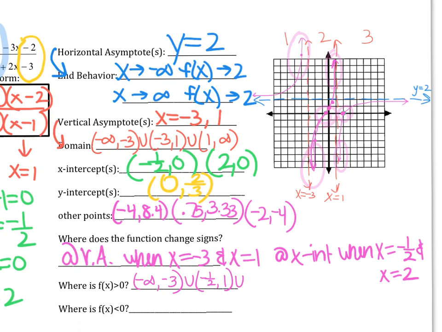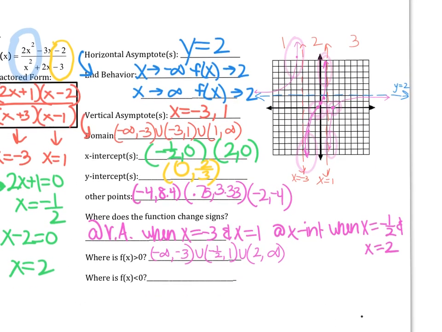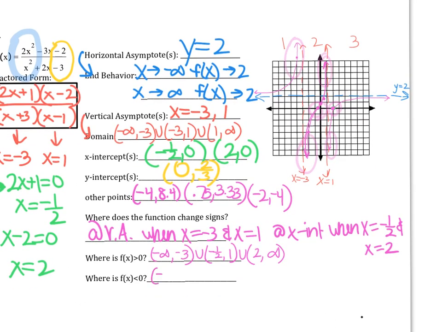And then it's back above, starting with your next x-intercept, and then forever. Where is it below? Your first vertical asymptote until the first x-intercept. And then it's below from your second vertical asymptote until your next x-intercept.